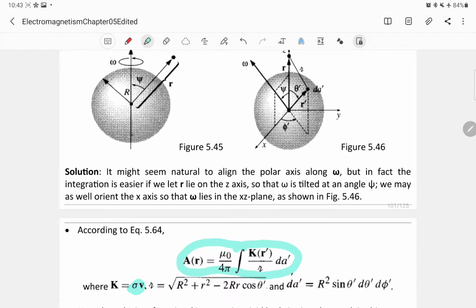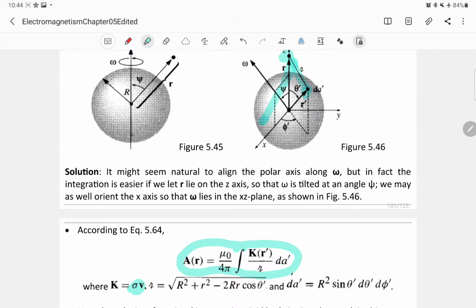R here, the script R, is the distance between the source, so any source here, to the point R from the center.